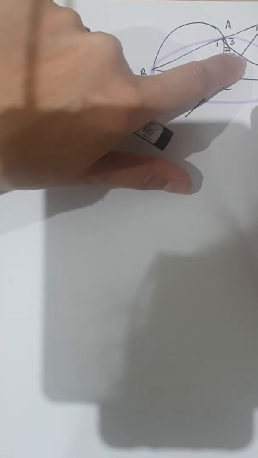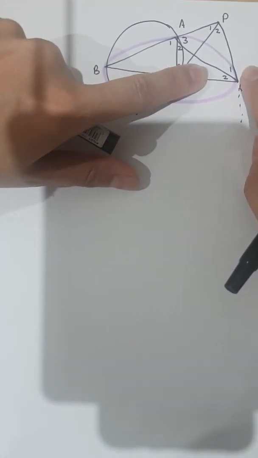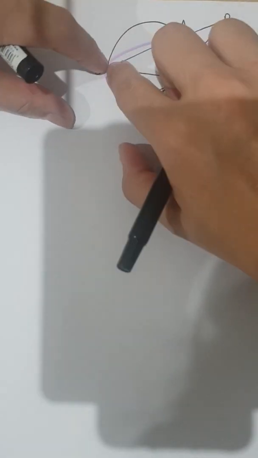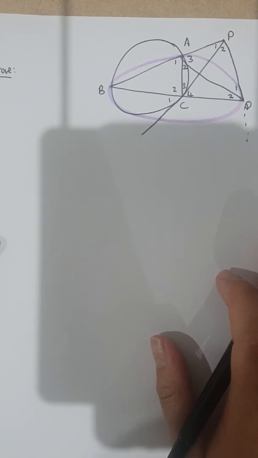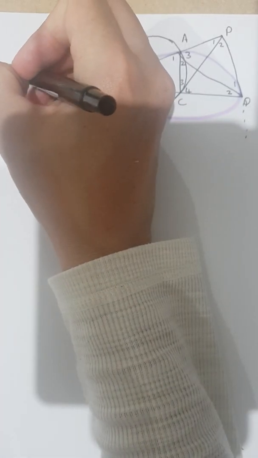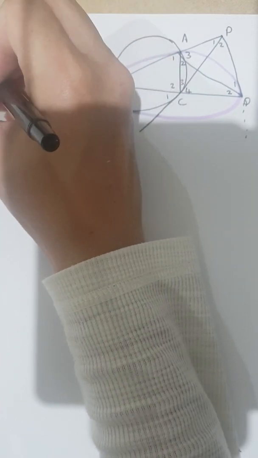If I just extend to that, I have to prove that Q1 is equal to angle B. So that's actually what I have to prove: that Q1 is equal to angle B.